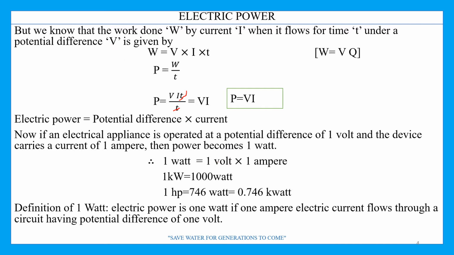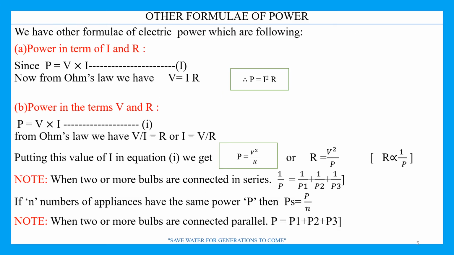Now next, some formulae of power, means power in terms of not only V and I, but in terms of I and R, and in terms of V and R. The first one is power in terms of I and R. Power is equal to V into I, this we have studied. Here V can be replaced using Ohm's law, V is equal to IR.